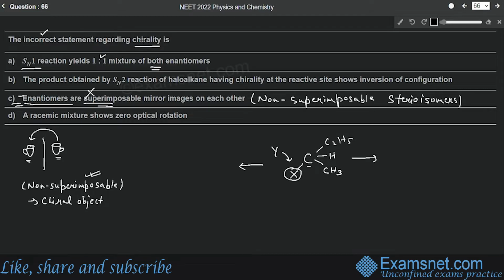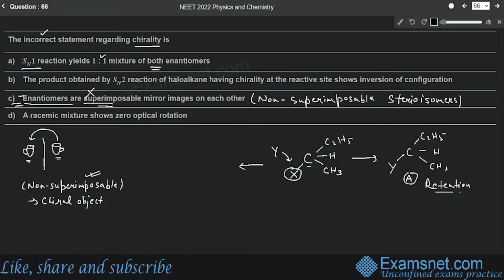In the first one, a compound A will be obtained such that the overall structure will remain same. That means the position of each group will remain same. There will be just one difference, that X will be replaced by Y. Okay, and the position will be same here. So this is known as retention. Got it?